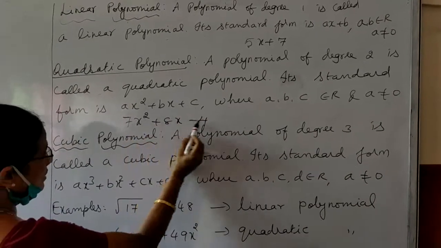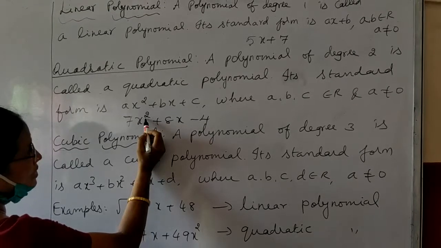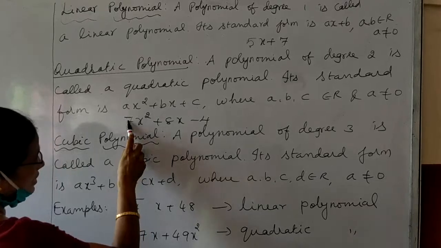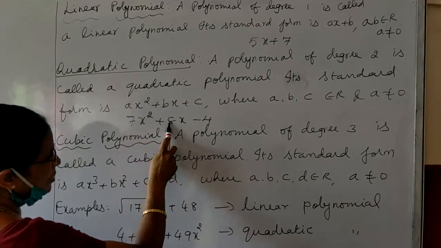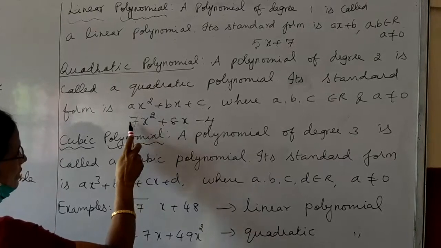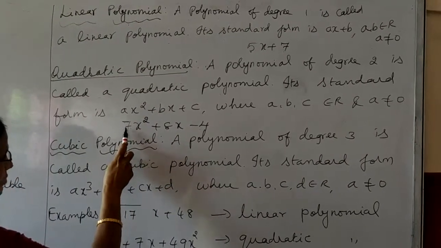You can see here the degree, the highest exponent, is 2. Therefore, the degree of the polynomial is 2. Therefore, this is a quadratic polynomial. 7 is a real number, 8 is a real number, minus 4 is a real number, and the coefficient of x square should not be 0, and here it is 7, which is not equal to 0.